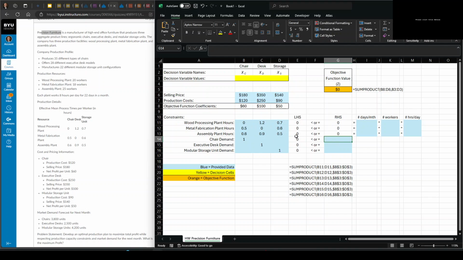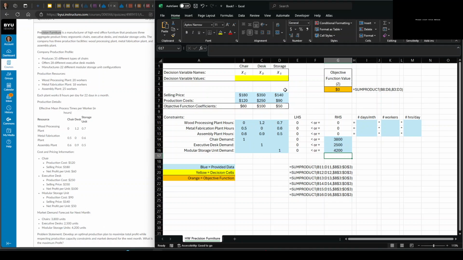We don't want to make more than what the market's willing to purchase. For the chair demand, market demand for next month is 3,800 units. The desk demand is 2,500 units, and the modular storage unit demand is 4,200 units.